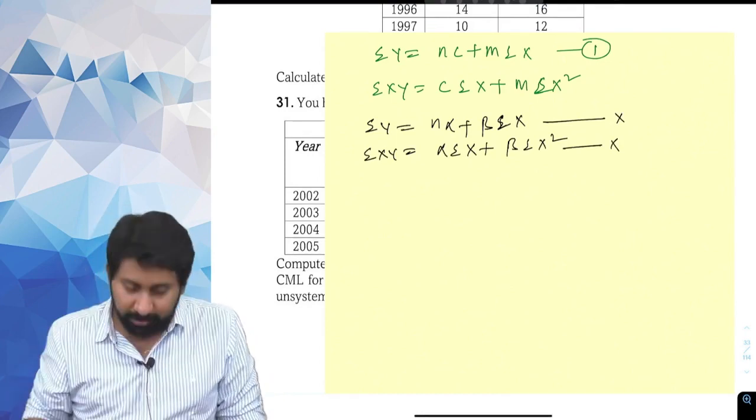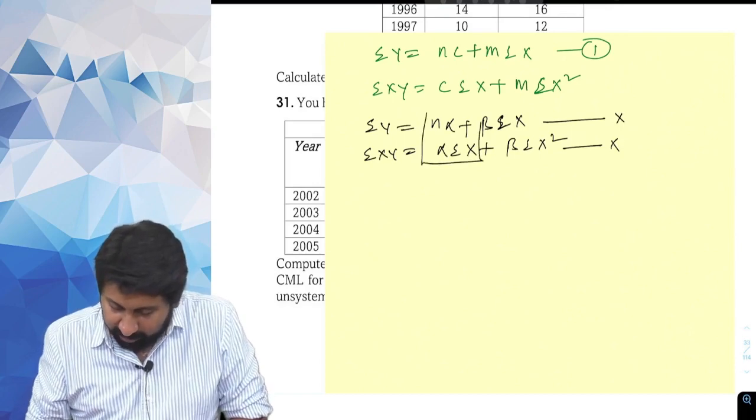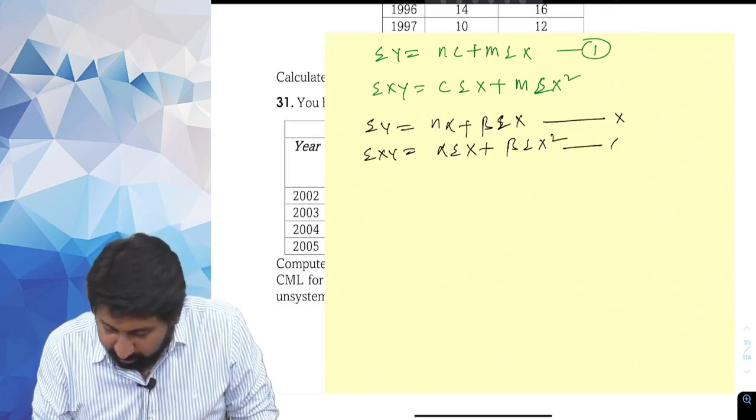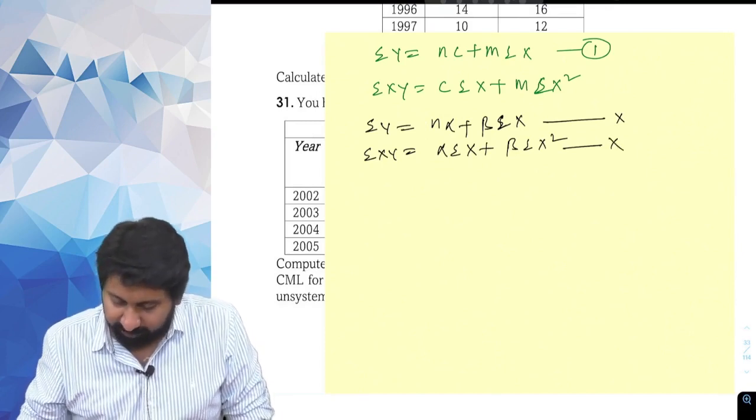Using common sense, I want these two terms to get cancelled. To get those cancelled, what do we have to do?